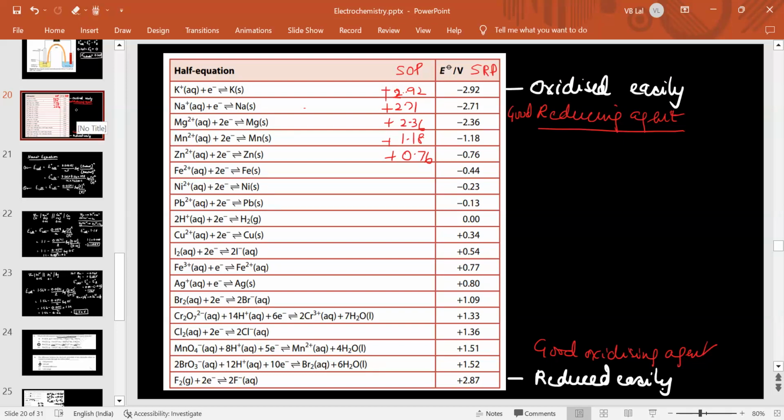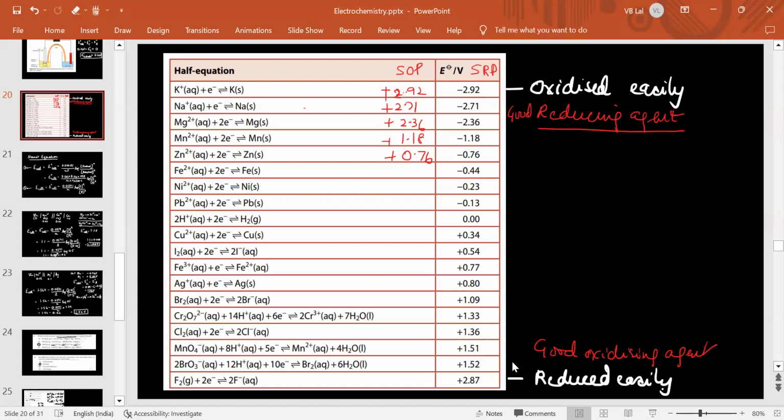Now, if all the values are arranged in the order of increasing reduction potential, the one which has high reduction potential can get reduced very easily. And if something can get reduced easily, what does it mean? It means that it is a good oxidizing agent, right?